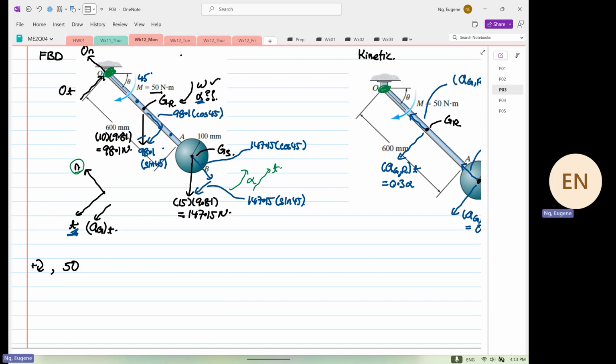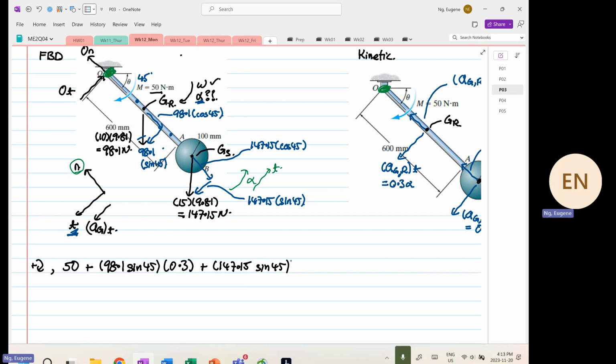The 98.1 sine 45 is going to induce a moment, so you have 98.1 sine 45 multiplied by a distance of 0.3. Then plus 147.15 sine 45 again, multiplied by a distance of 0.7.